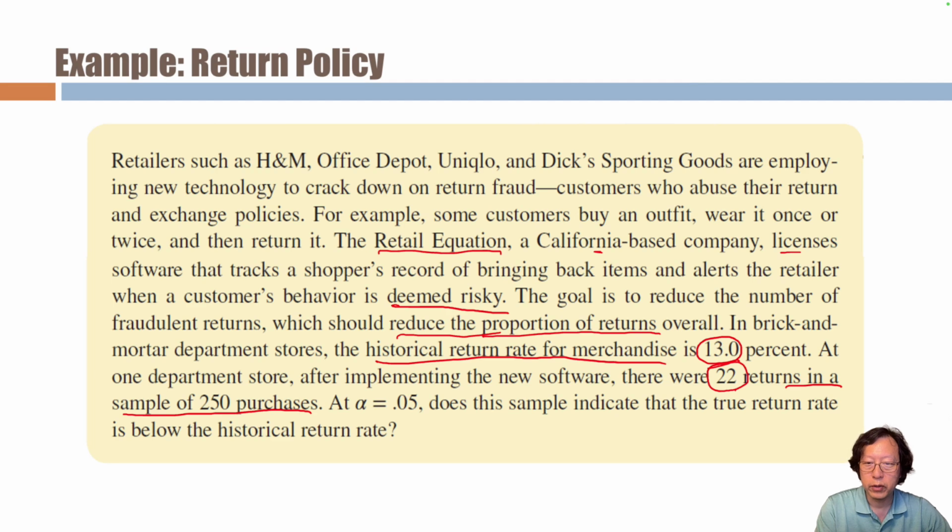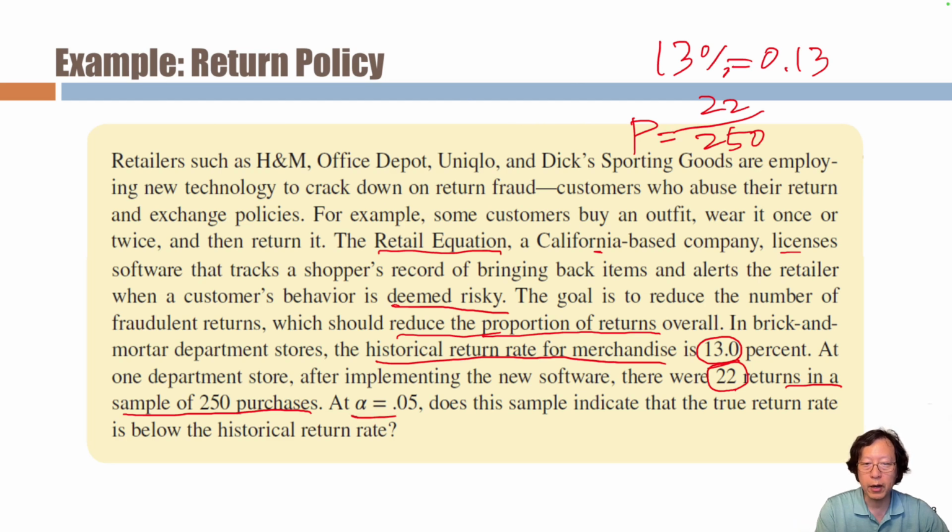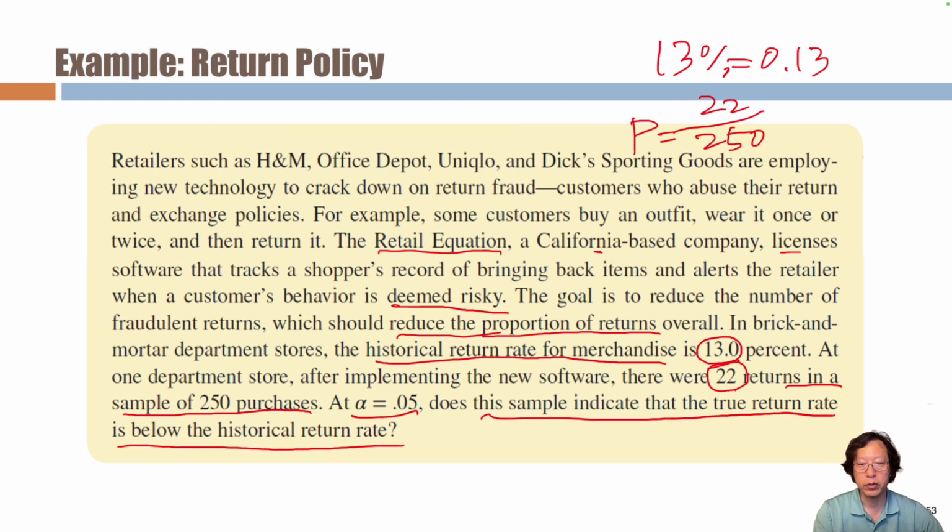So the historical return rate was 13%, which is 0.13. This is the historical, and now we got 22 out of 250. At alpha 0.05, which is 5%, does this sample indicate the true return rate is below the historical return rate?